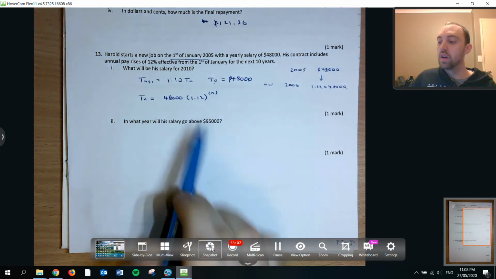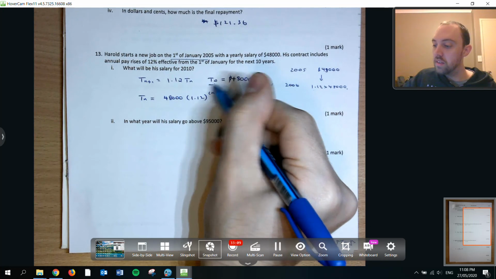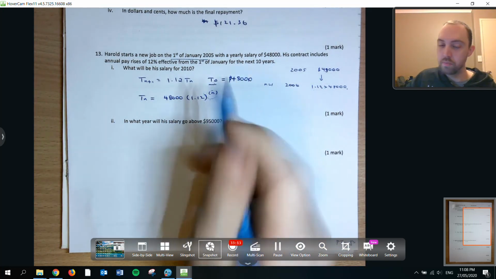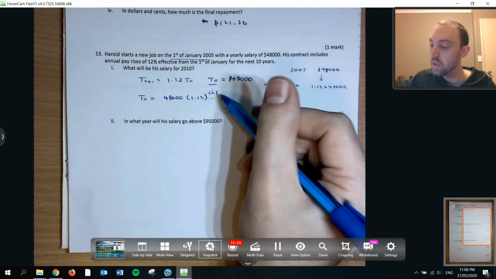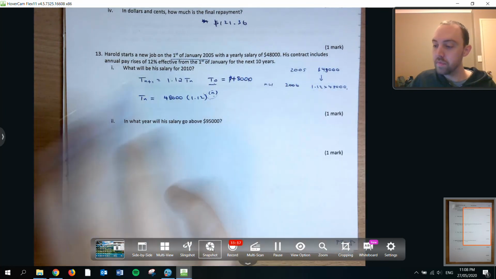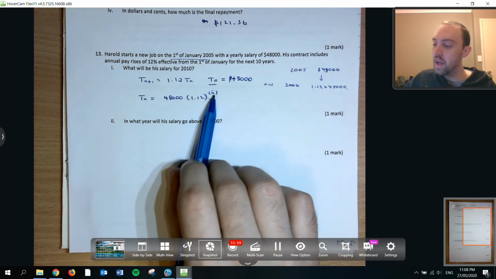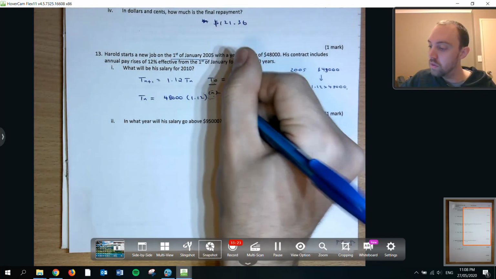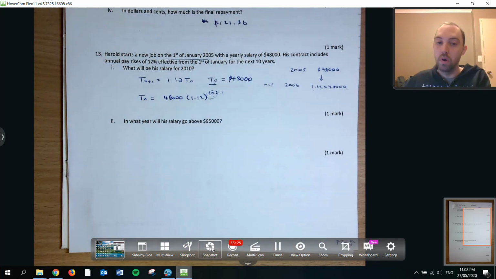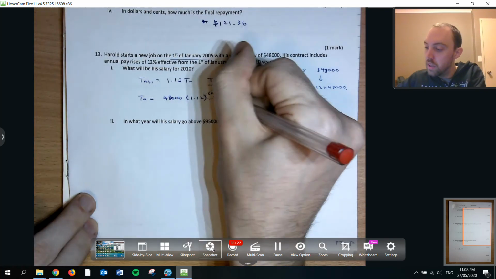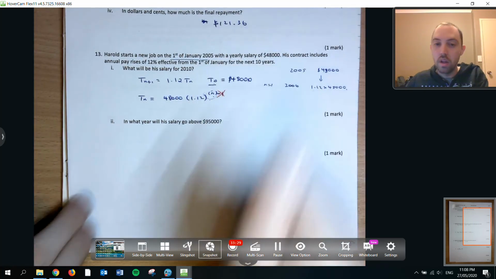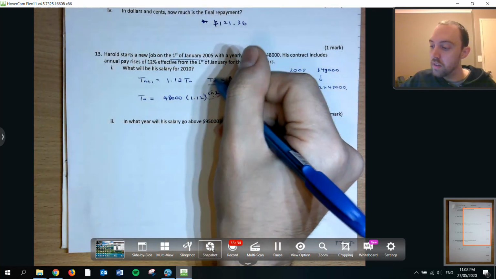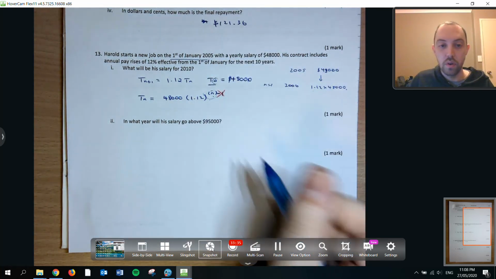When you start with a T0 situation, the recursive rule changes, both arithmetic and geometric. That n take 1 disappears and just becomes n. So we do not want this take 1 here, because we've started with T0.